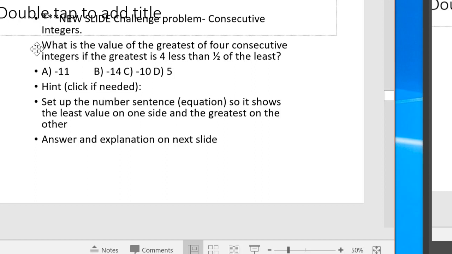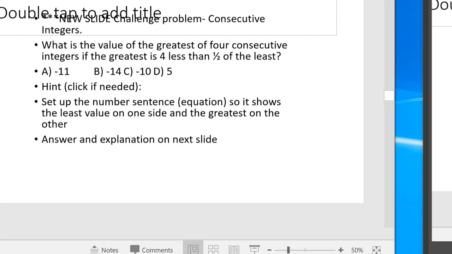Okay. Next problem. What is the value of the greatest of 4 consecutive integers if the greatest is 4 less than 1/2 the least? Okay? So let's set up the equation.